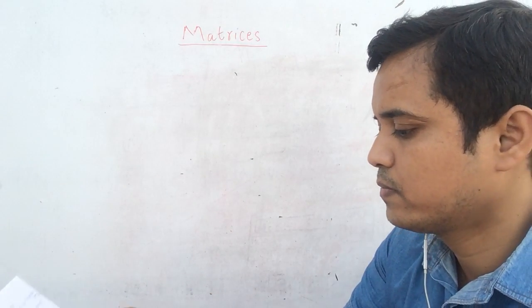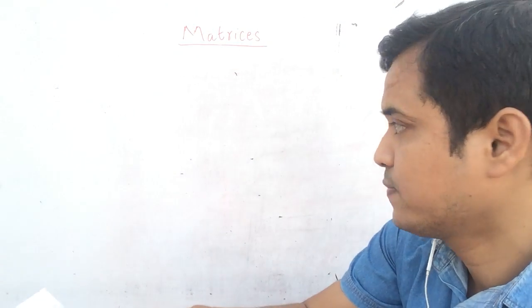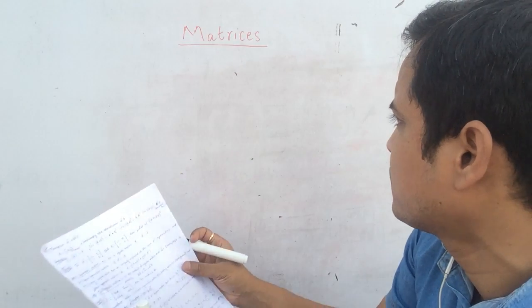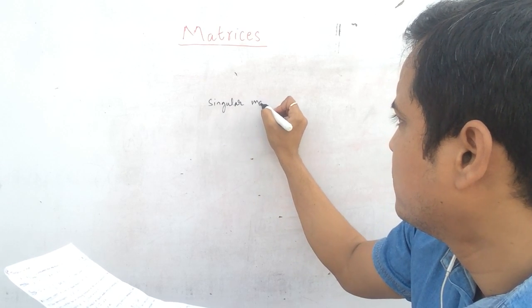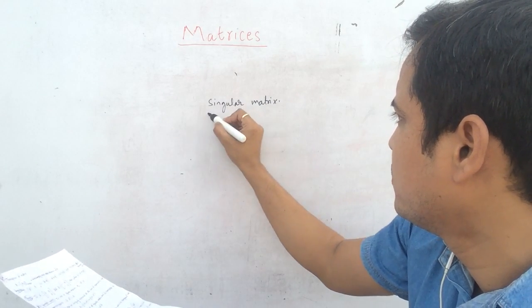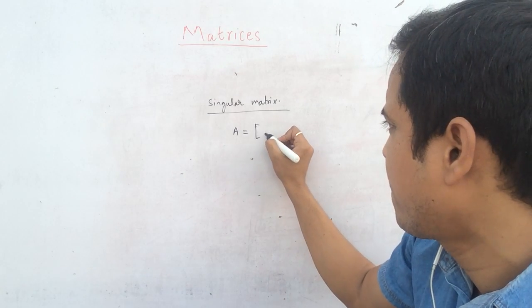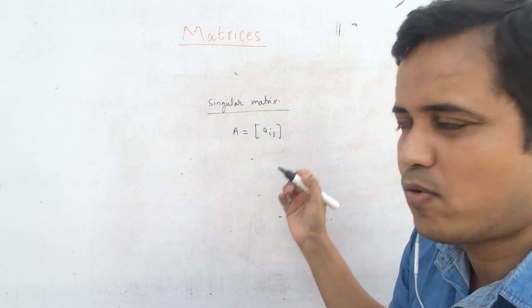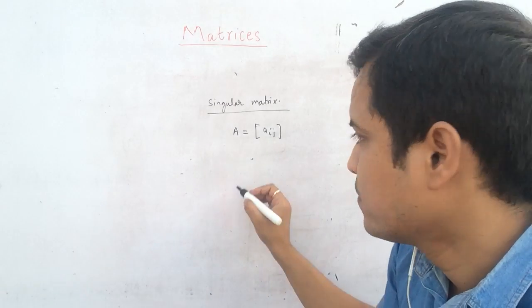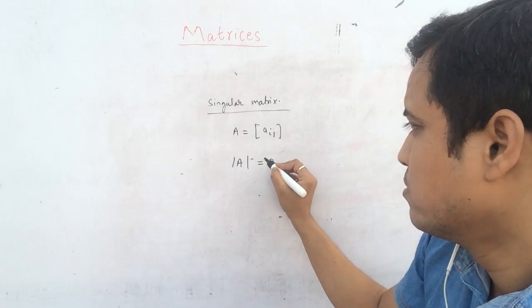Okay, so we need to do the singular matrix. So if A is a square matrix, Aij of order n, and if it is singular, then determinant of A should be equal to 0.